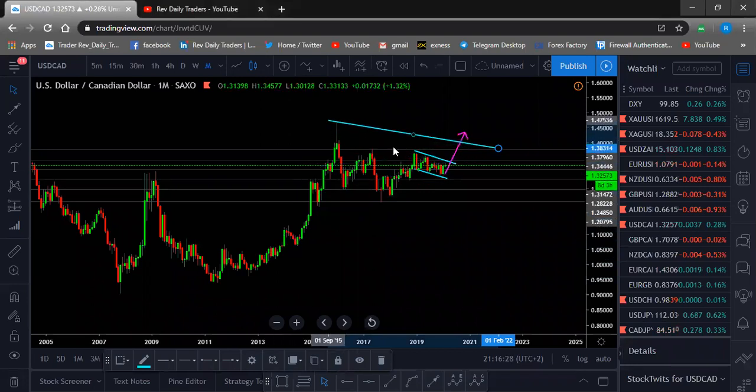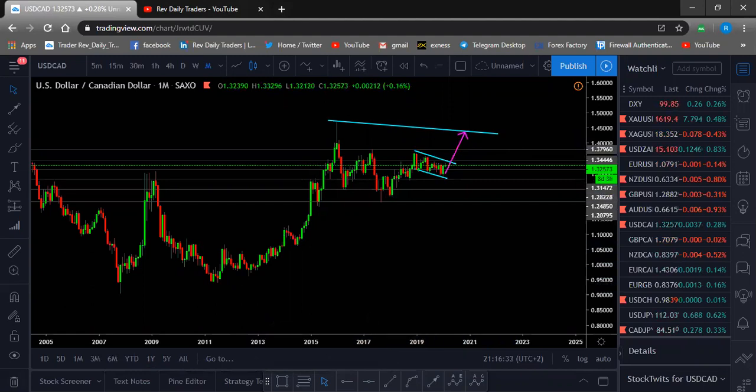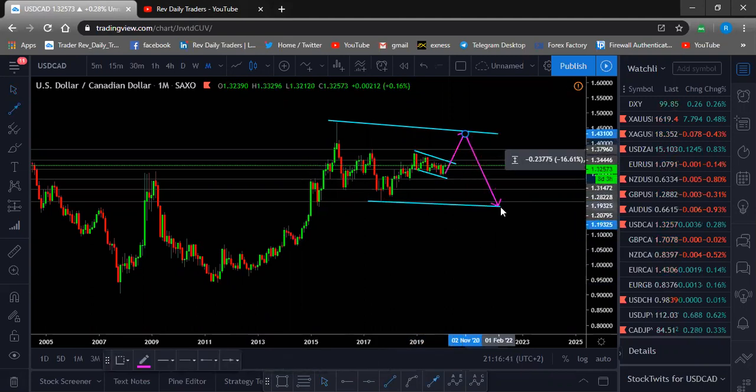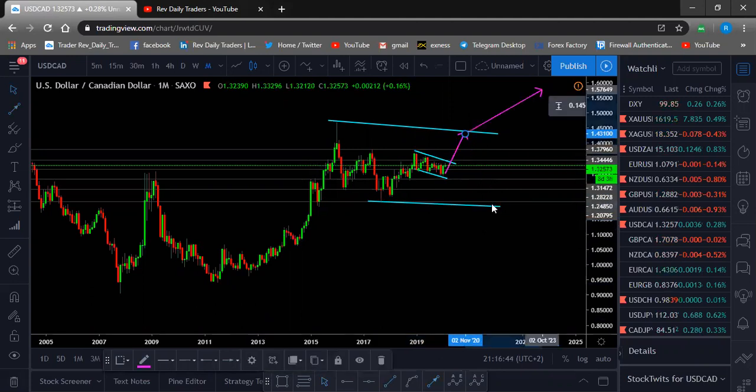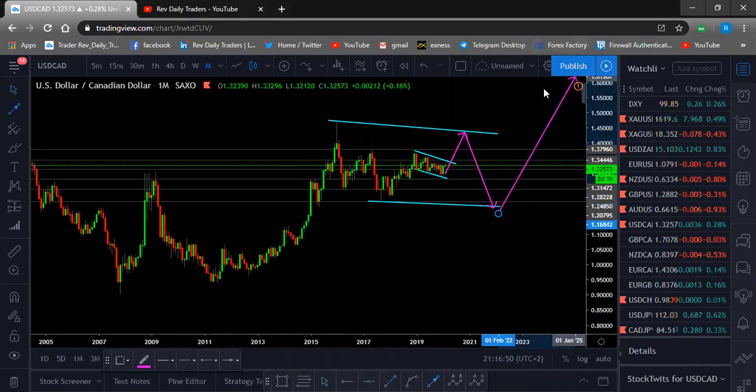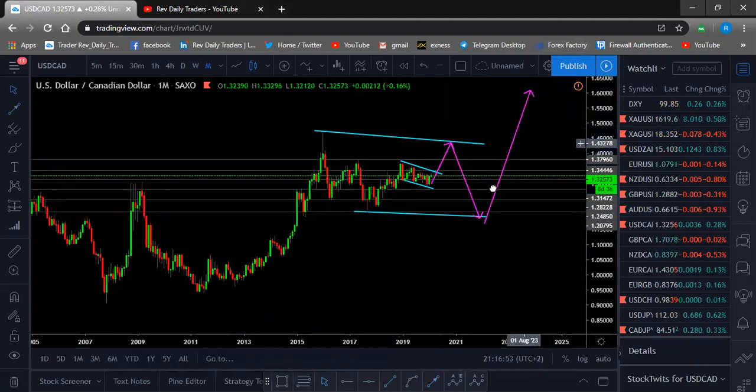We're going to anticipate that the market is going to give us, let's say, a monthly flat like this. Then it takes off.